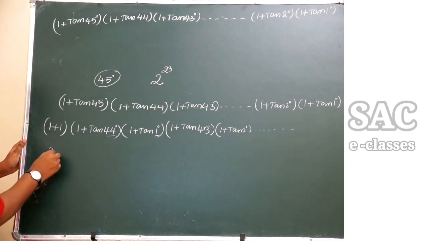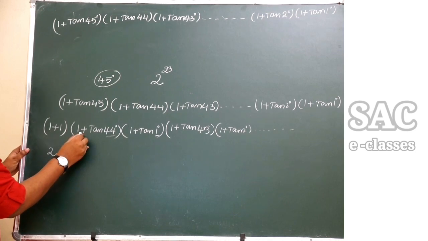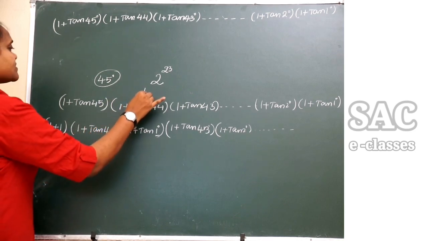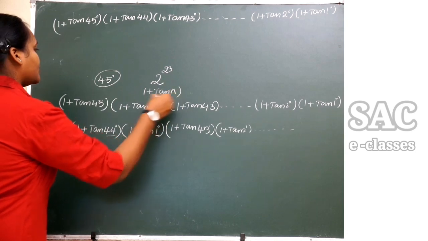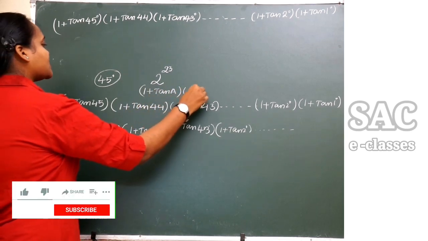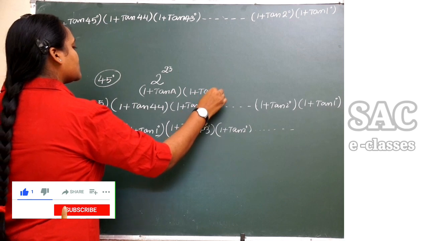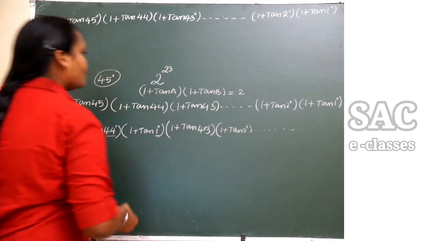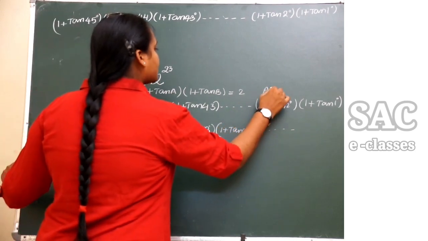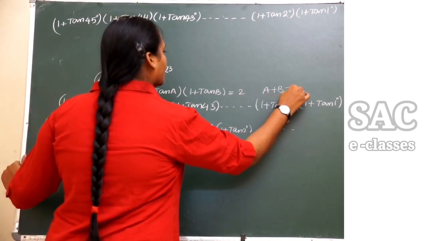Here you need to learn this one: (1 + tan A)(1 + tan B) is always equal to 2 whenever A plus B is 45.